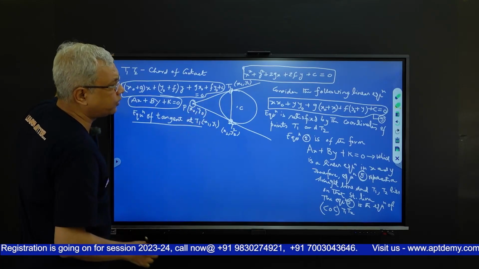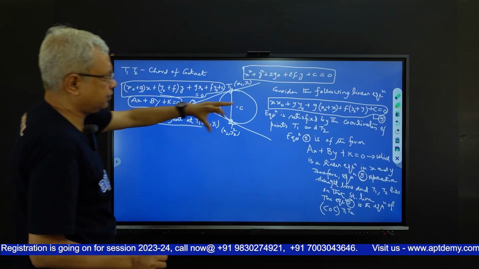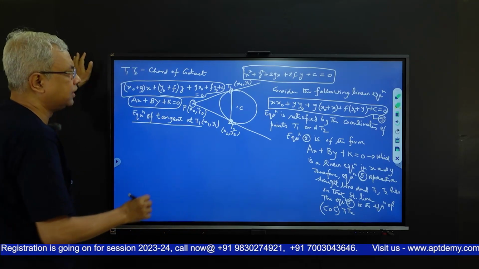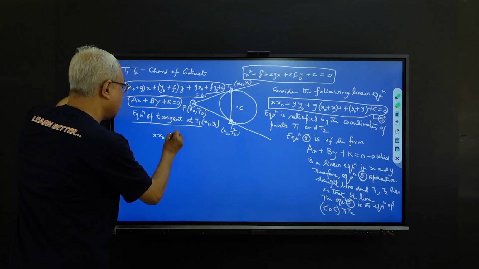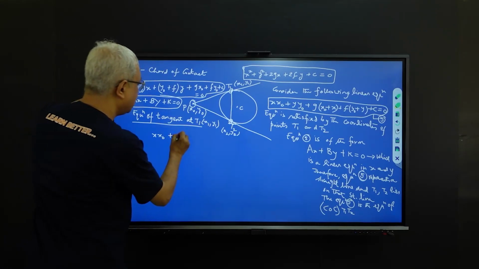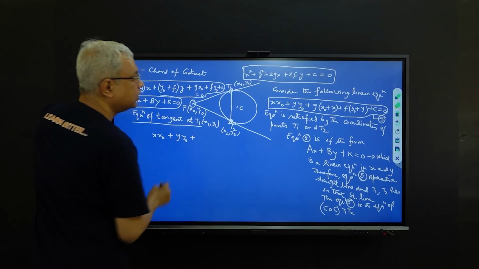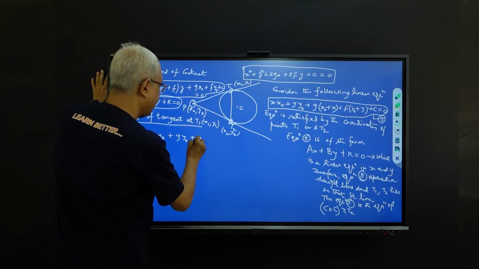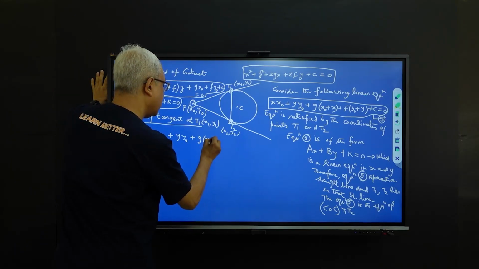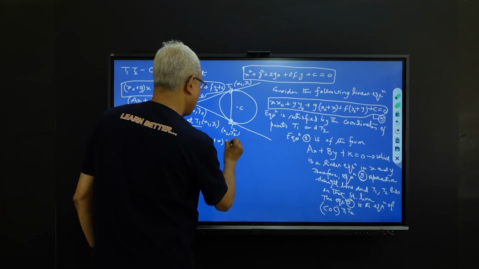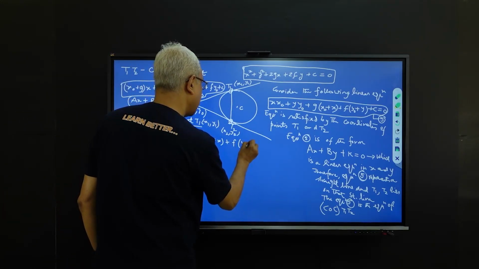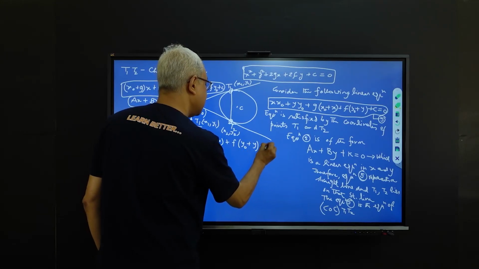So we have already obtained the equation of the COC as x0 plus y0 plus g x0 plus x plus f y0 plus y plus c equal to 0.